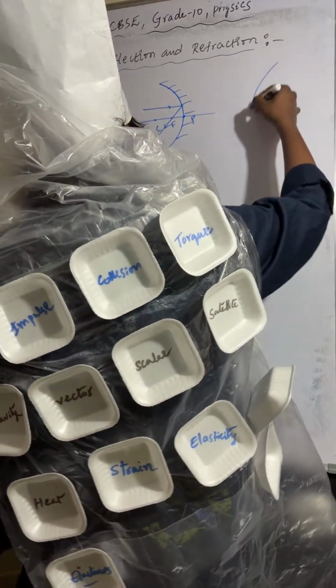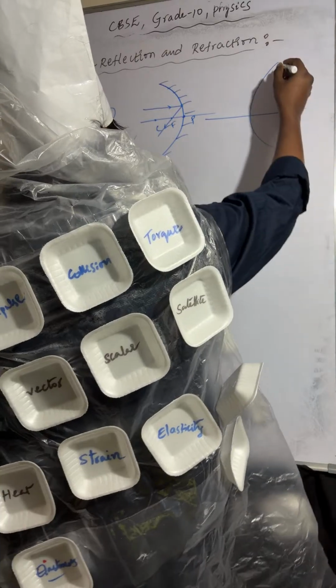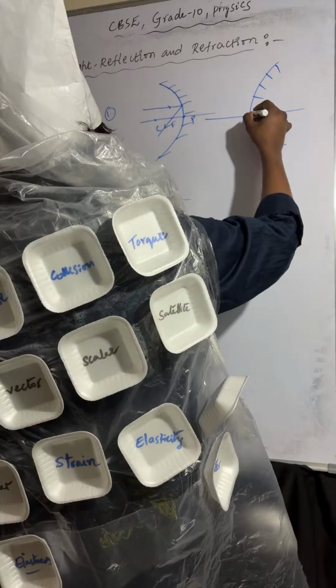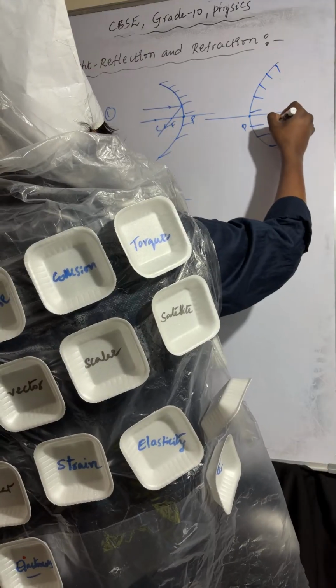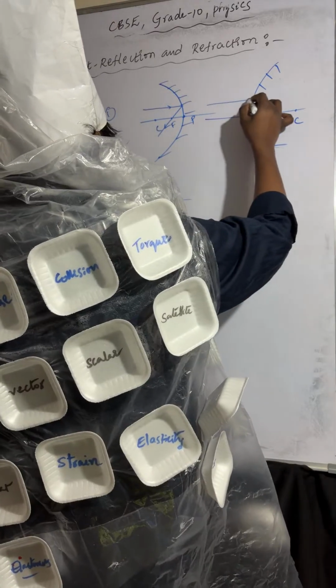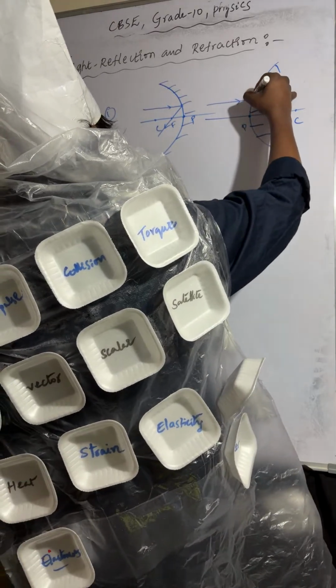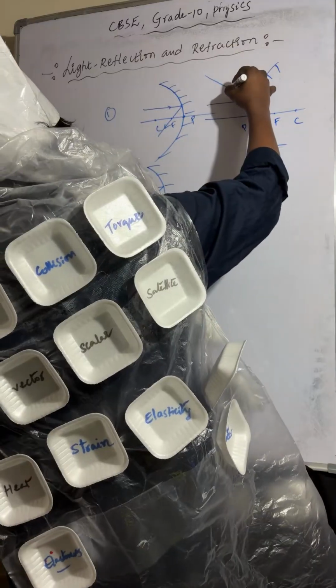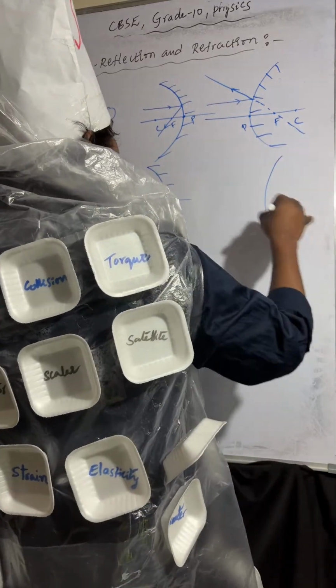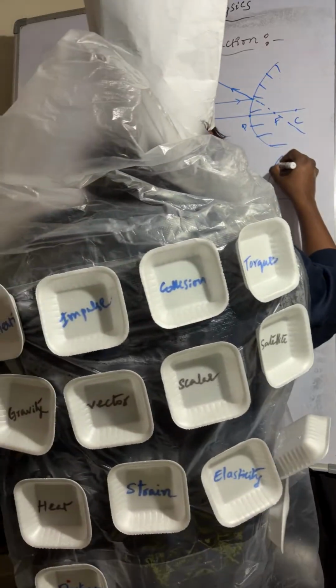Coming to the convex mirror, pole, focus, center of curvature. A light ray coming from infinity, after reflection, appears to pass through focus.